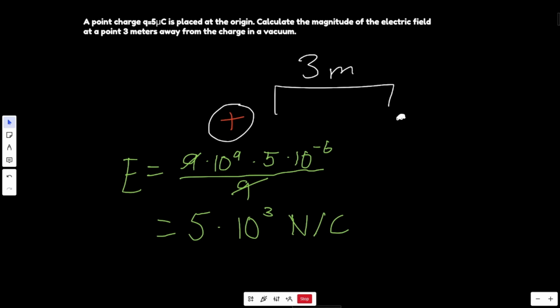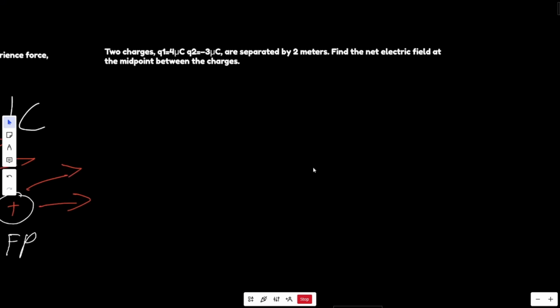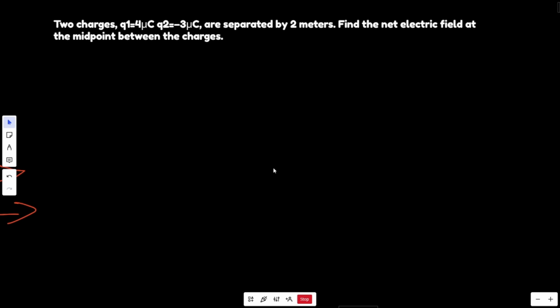Now let's explore another question. First is the given, so let's understand the question. Two charges, one being 4 microcoulombs and the other being negative 3 microcoulombs, are separated by 2 meters. We have to find the net electric field at the midpoint of these two charges. So let's draw the question.